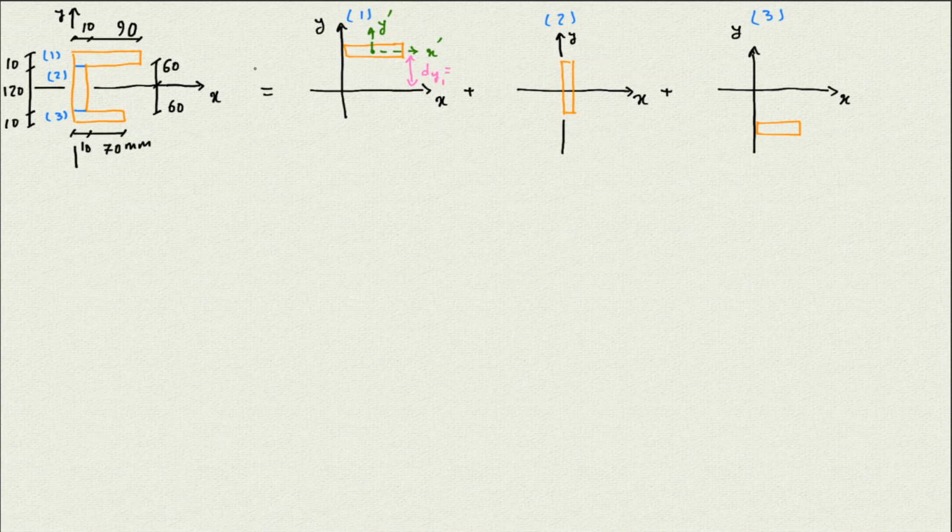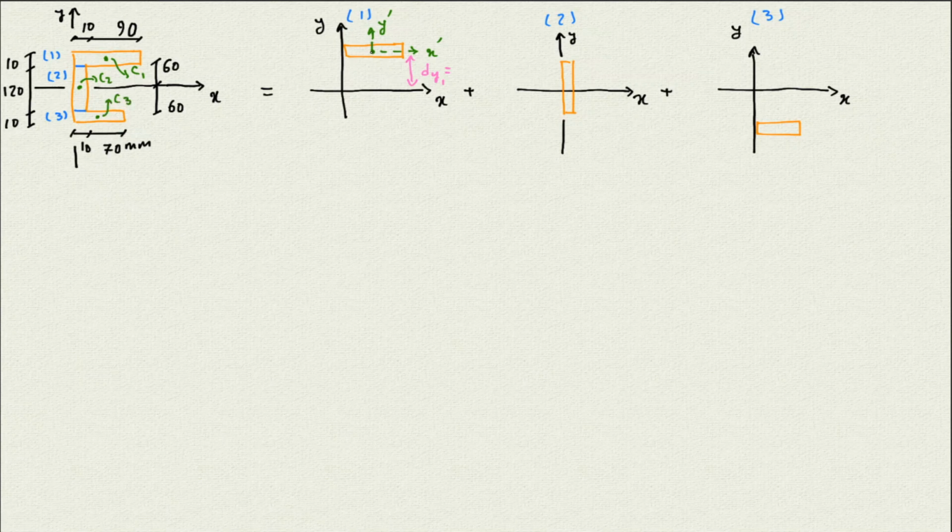So it's going to be dy1, which is going to be 60 and half of the width of that. So let me show them: for the top one, this is the centroid for the original one, this is the centroid for this one, and this is the centroid for this one. If this is C1, that's C2, and this is the centroid for the third one.